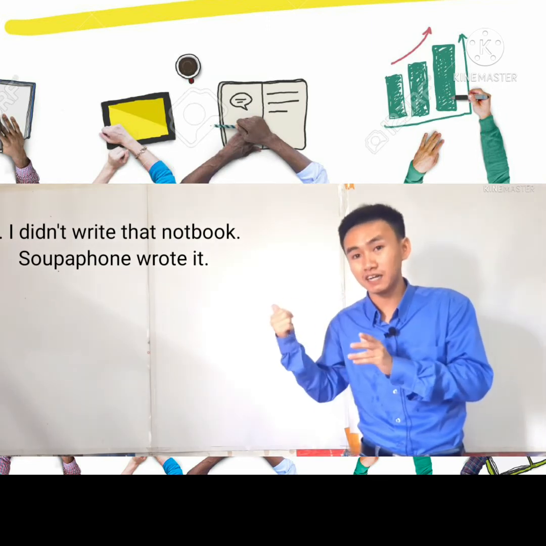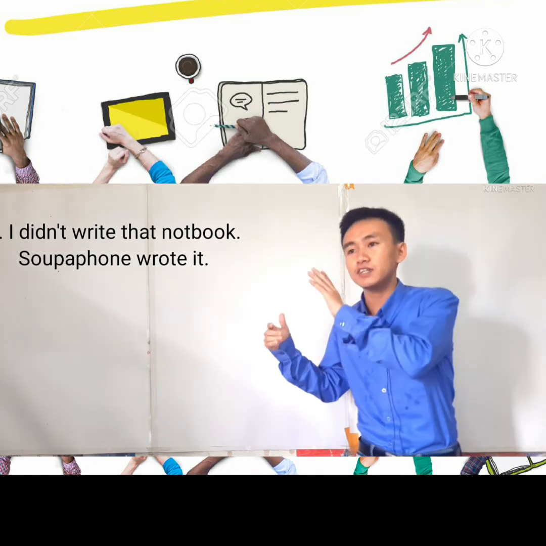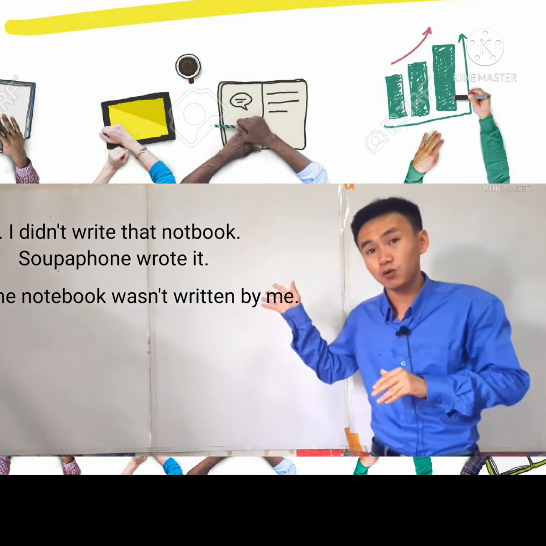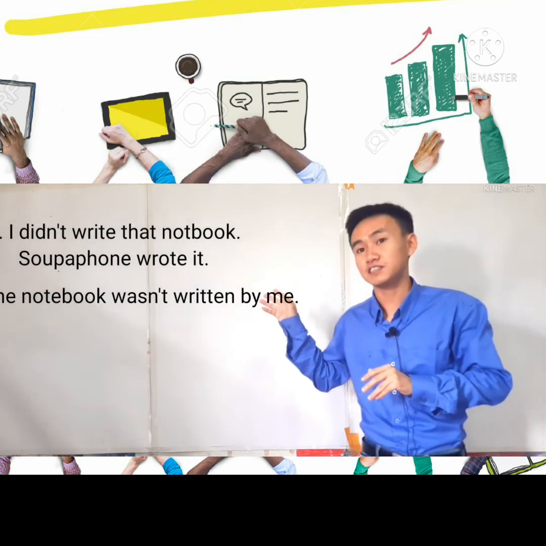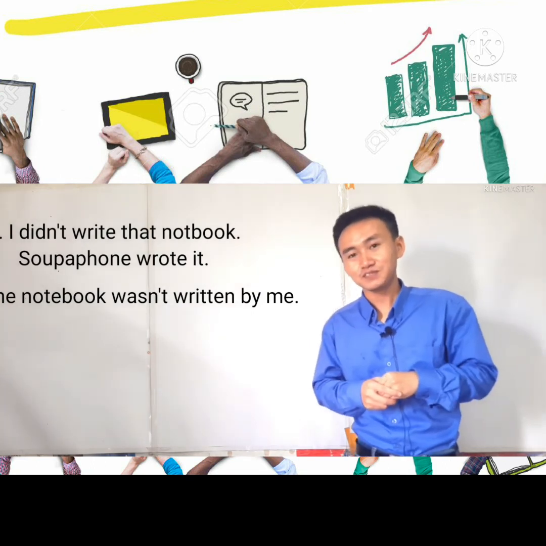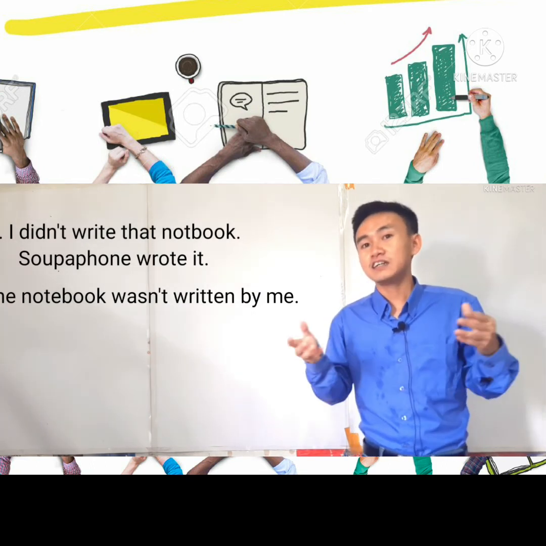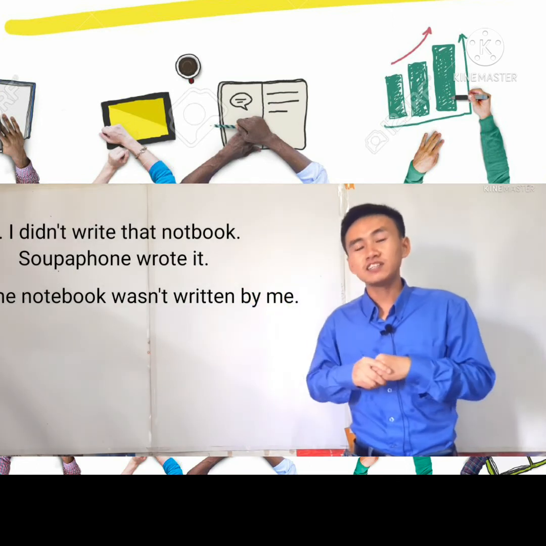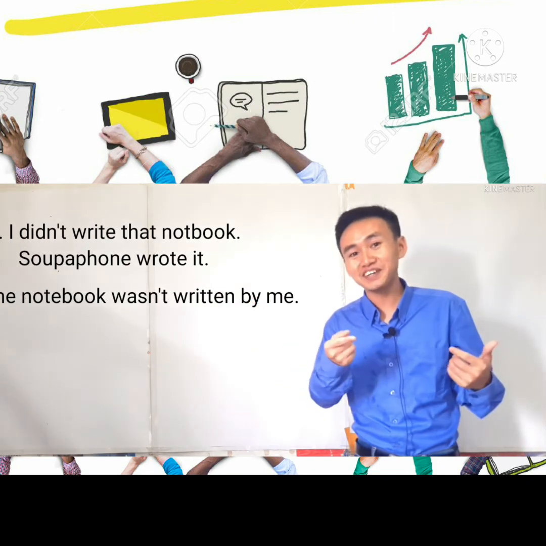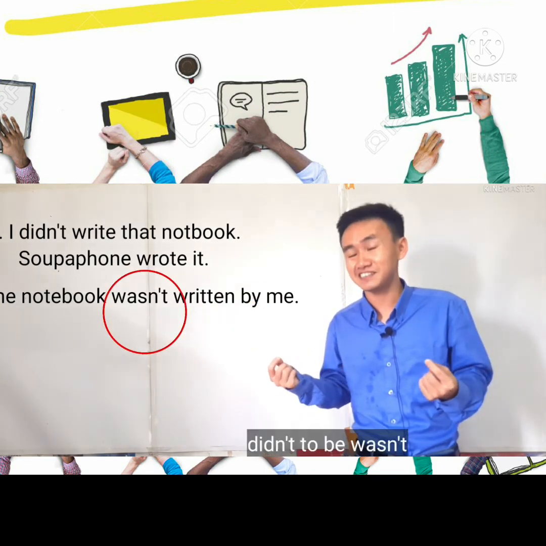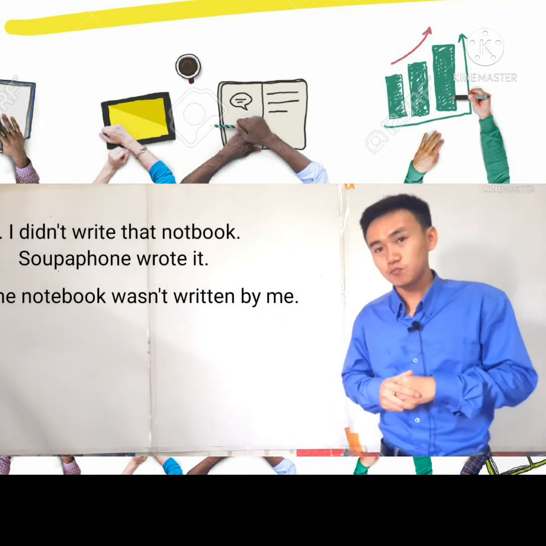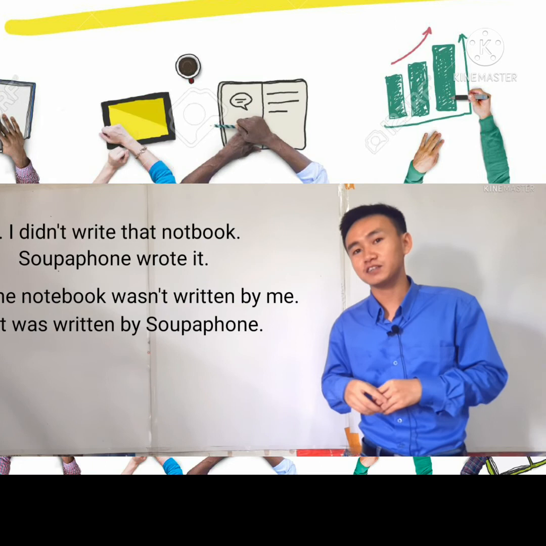But what form of to be in the past? Please look at. The textbook wasn't written by me. Alright? Why is that? Because if you see here, it's a past tense, right? Didn't. So we change the word to wasn't. And the second one, it was written by Superpon.